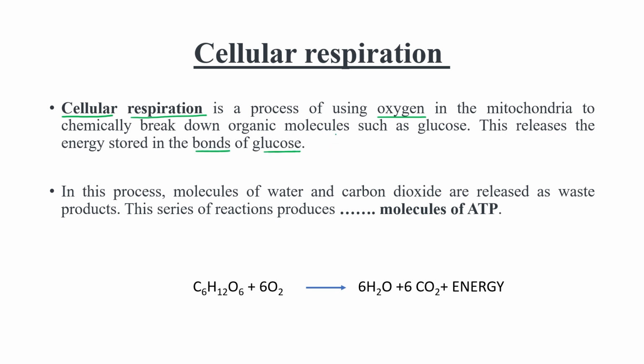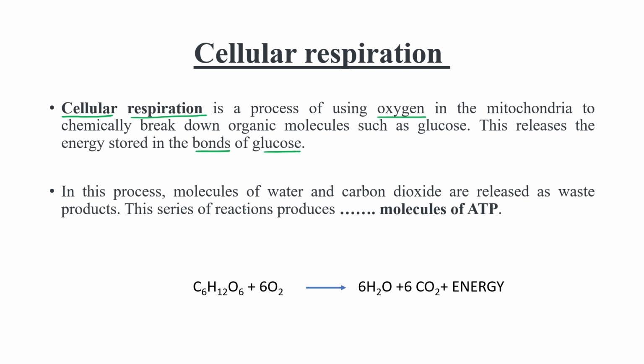What is the definition? Cellular respiration is a process of using oxygen in the mitochondria to chemically break down organic molecules such as glucose. This releases the energy stored in the bonds of glucose. This is known as cellular respiration.